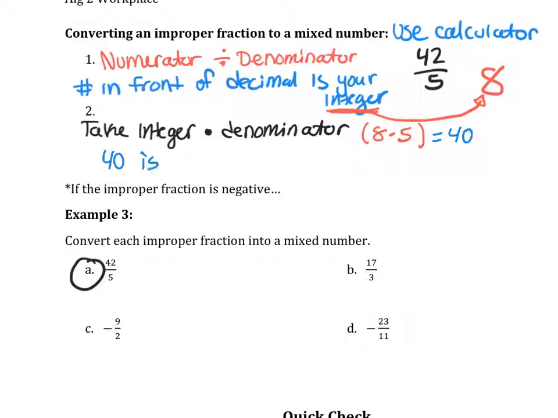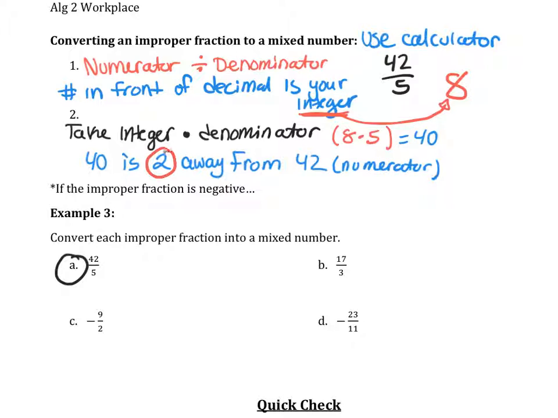40 is 2 away from 42, which is the numerator. So in our mixed number, 2 is going to be your numerator, and the denominator stays the same.